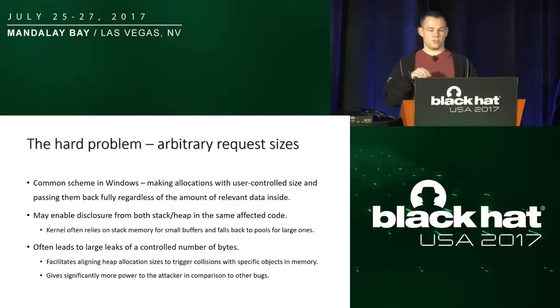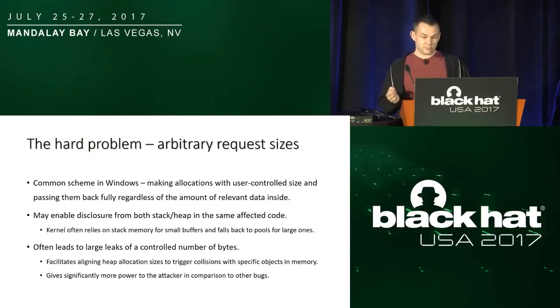And the interesting thing about this is that this kind of bug may actually enable disclosure from both the stack and the heap in the same affected code, because of the fact that Windows uses an optimization. So for small request sizes, it uses stack buffers, and for larger ones, it uses heap allocations in many cases. And it often leads to large leaks of a controlled number of bytes.